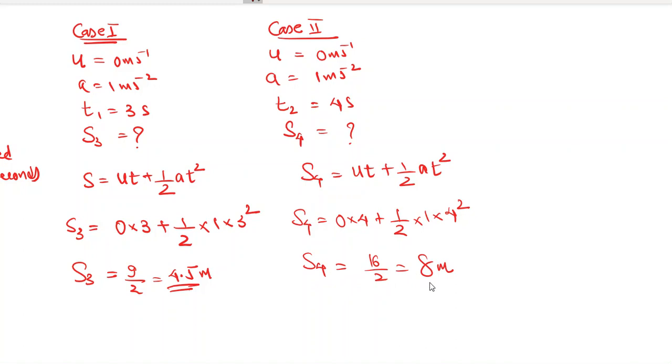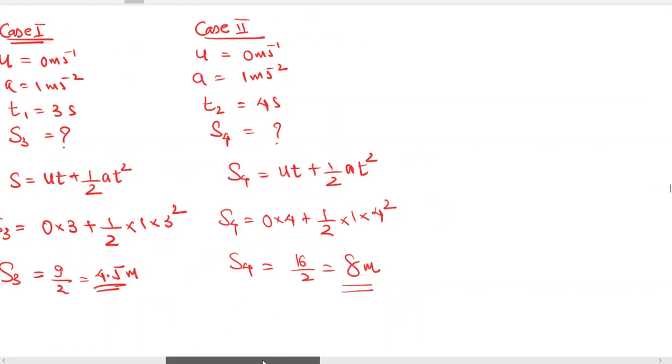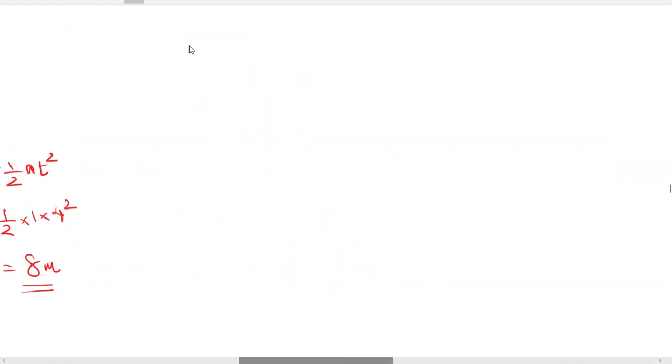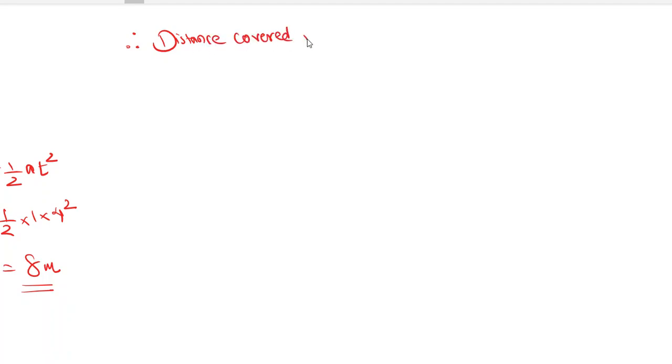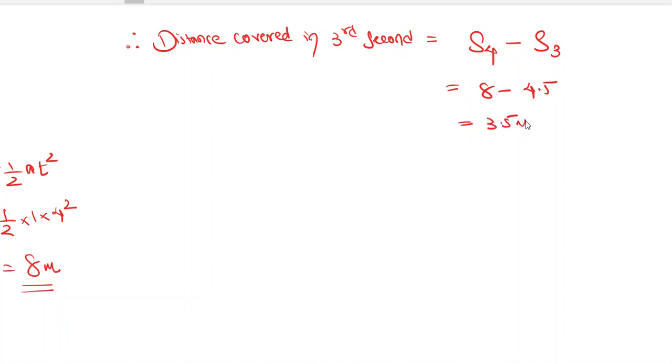So the body travels 8 meter in 4 seconds and it travels 4.5 meter in 3 seconds. Therefore distance covered in third second is equal to distance covered in 4 seconds minus distance covered in 3 seconds, that is 8 minus 4.5, that is 3.5 meter.